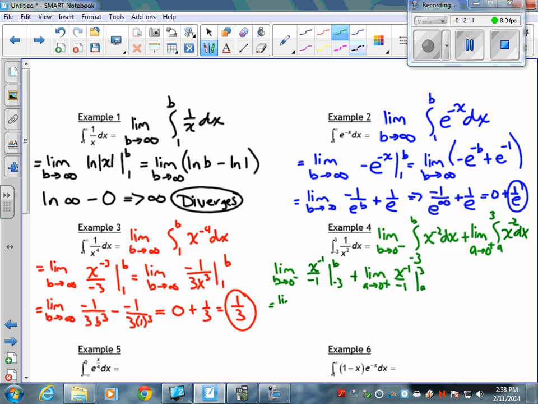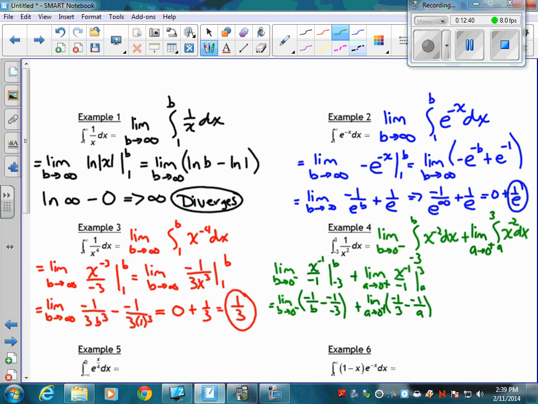So now I have the limit as b approaches 0 from the negative, and I'm going to deal with my negative exponent by putting it in the denominator. So I have -1 over b minus -1 over -3. So that's one limit. And then I have plus the limit as a approaches 0 from the positive side, same idea, -1 over 3 minus -1 over a.